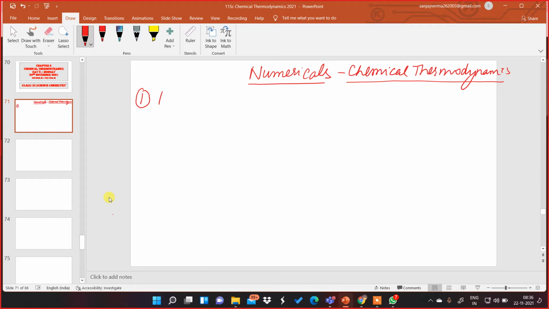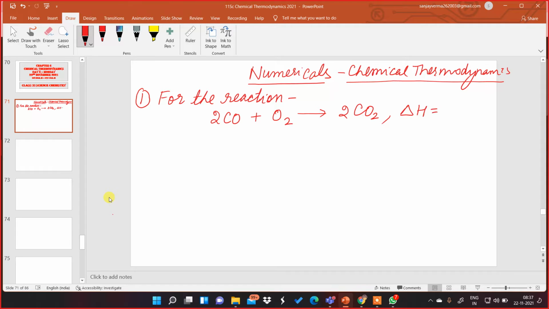The question is like this. For the reaction, the equation is given below: 2CO plus O2 forming carbon dioxide gas, and the enthalpy change for this reaction is given as minus 560 kilojoule.